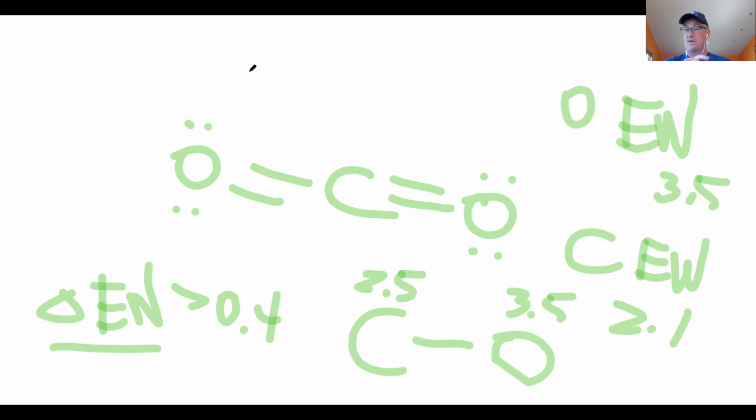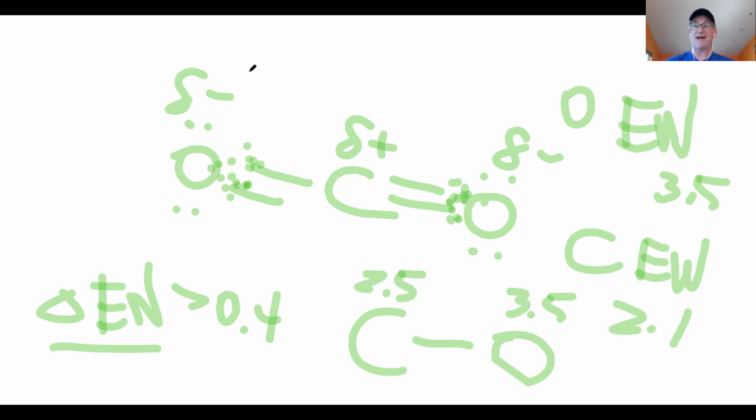If I draw my representation, carbon would be slightly positive, and both oxygens slightly negative, because the density of electrons is going to be higher around the oxygens than around the carbon. And as we found out this morning, the oxidation numbers of the two oxygens are both -2, and the carbon is +4. That also indicates that those are two pretty polar bonds. So I have two polar bonds in a molecule, but let's see where they are.